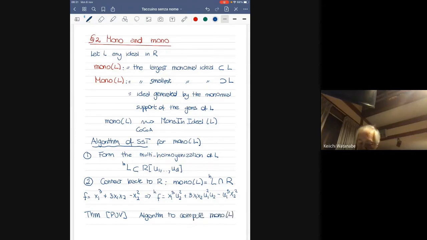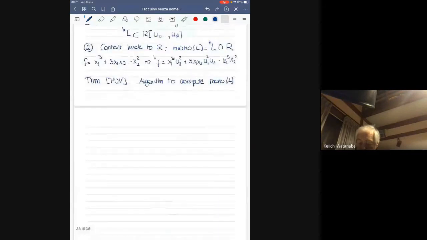A much easier algorithm that uses linkage has only the problem that it works for a primary ideal, for an ideal that has dimension 0. So assume that L is m-primary, not just dimension 0. I want to assume that L is m-primary.